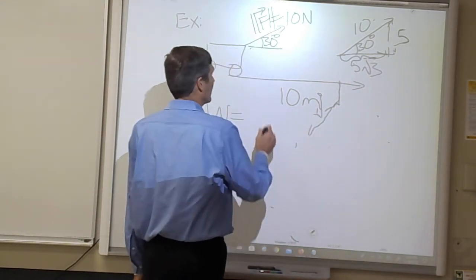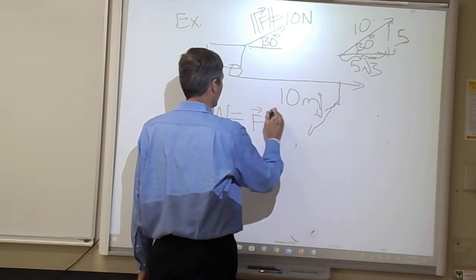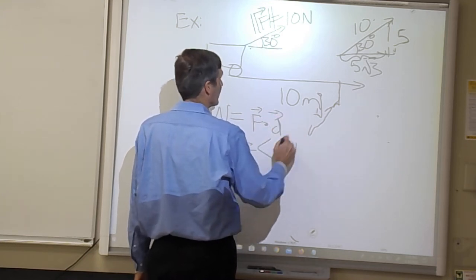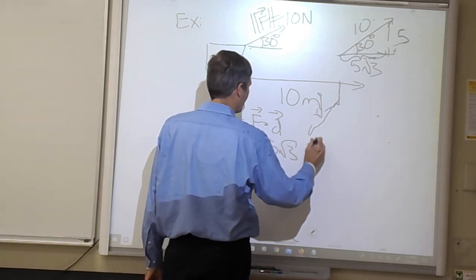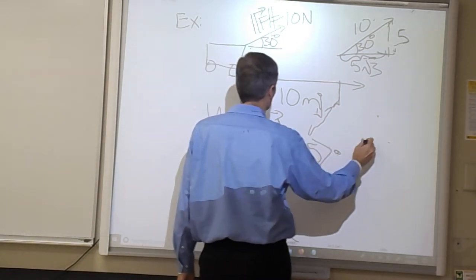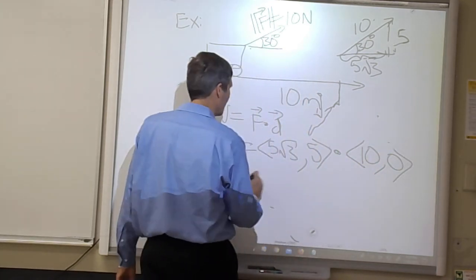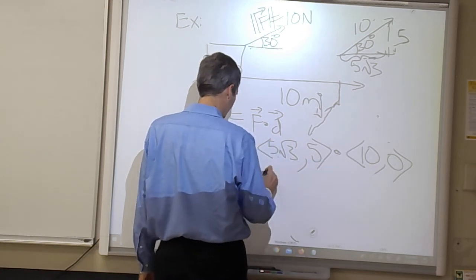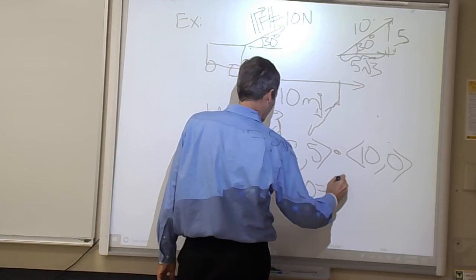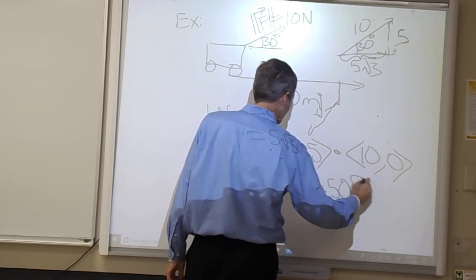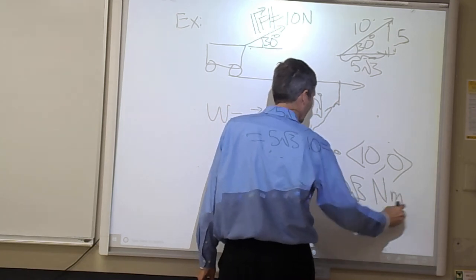And now the work is force dot displacement, but the force is 5 square root 3 in the x direction, 5 in the y direction. That's dotted with the vector here, 10 meters in the x direction, 0 in the y direction. And we get 5 square root 3 times 10, for 50 square root 3 newton meters.